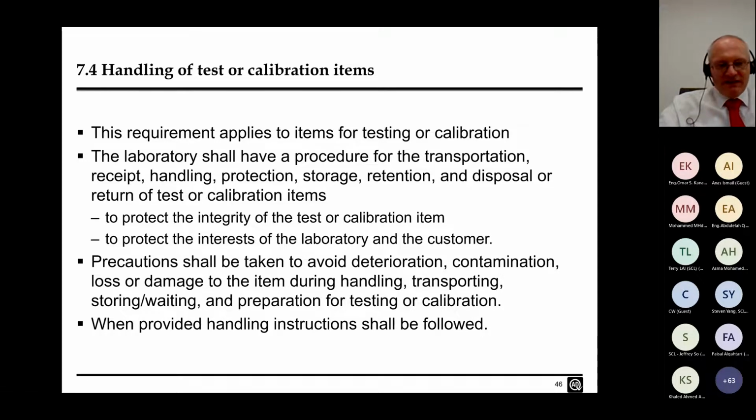We want to protect the integrity of the test or calibration item to make sure it's the right item in the right condition to do the calibrations, and also to protect the interests of the laboratory and the customer, that we're not damaging or losing any equipment which belongs to one of our customers. So we have to avoid deterioration, contamination, loss or damage to the item during handling and transportation, storage and preparation for calibration. And there may be handling instructions provided, so if they are provided, they should be followed.